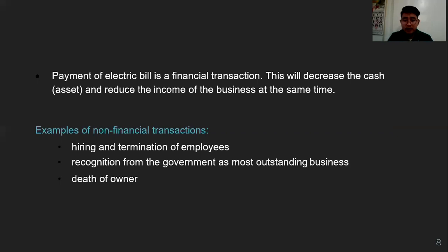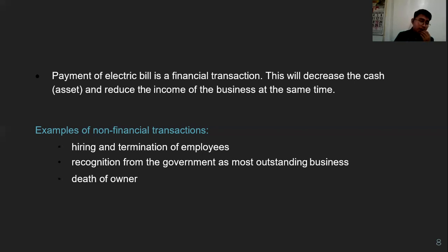And after that, it reduce the income of the business at the same time. Okay? So, yun yung nangyari sa transaction na ito. Nag-decrease yung cash natin and also decrease the income of the business or the equity of the business.